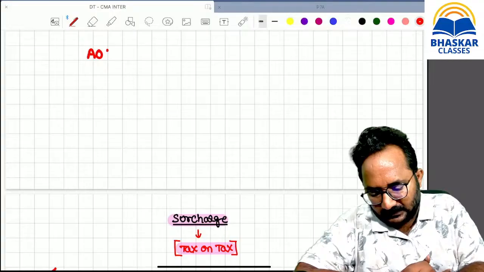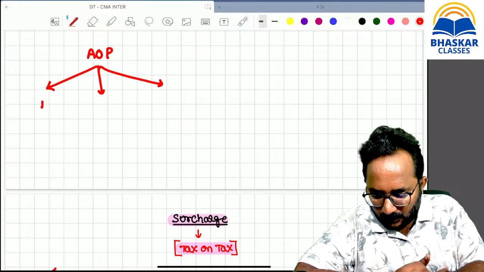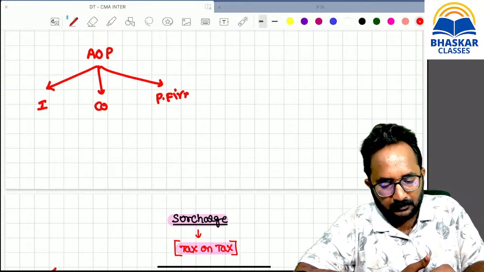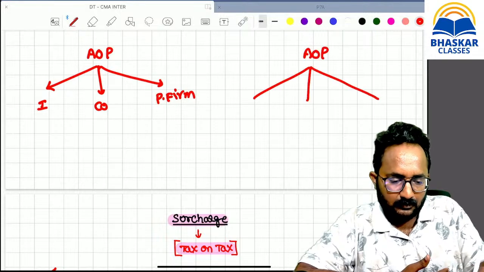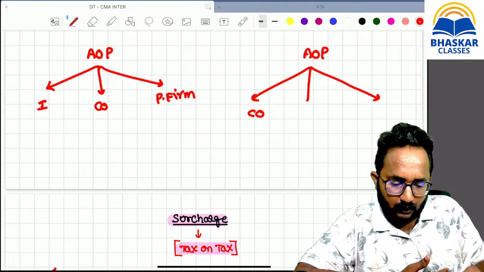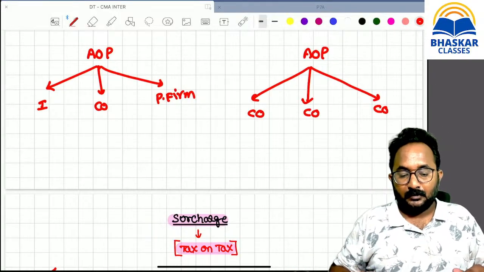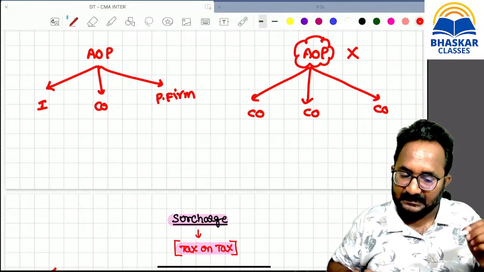In an association of persons, one individual, one company, one partnership firm may be there. But in one kind of AOP, we have only companies as members. So for this AOP, I will tell you the separate surcharge rates.